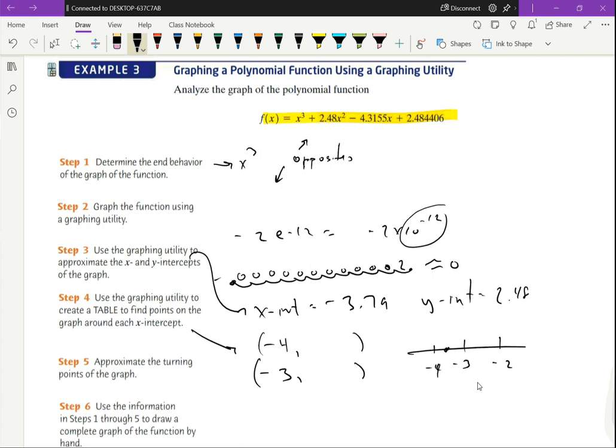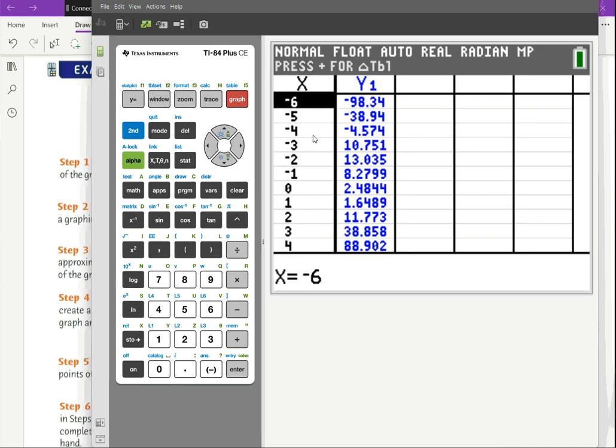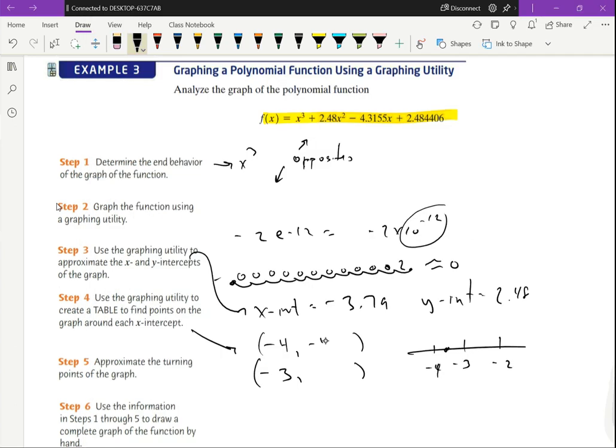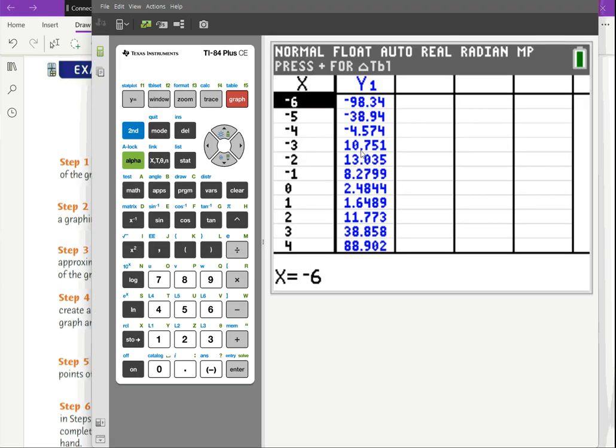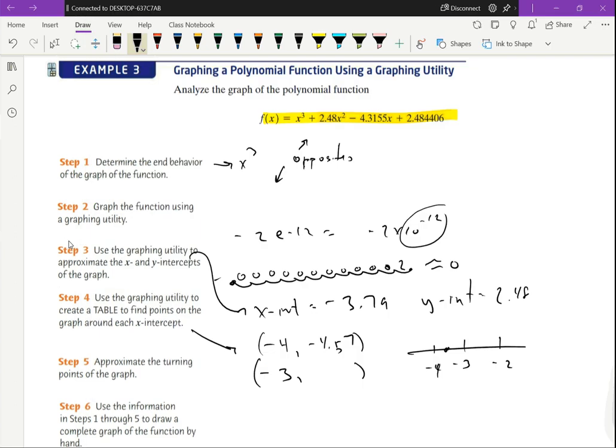That would probably be a little bit better. So at negative 4, I'm at negative 4.56. Actually, I was going to say negative 4.6, but negative 4.57. Okay, so negative 4.57, and at negative 3, we're at 10.75. So we have some values there.